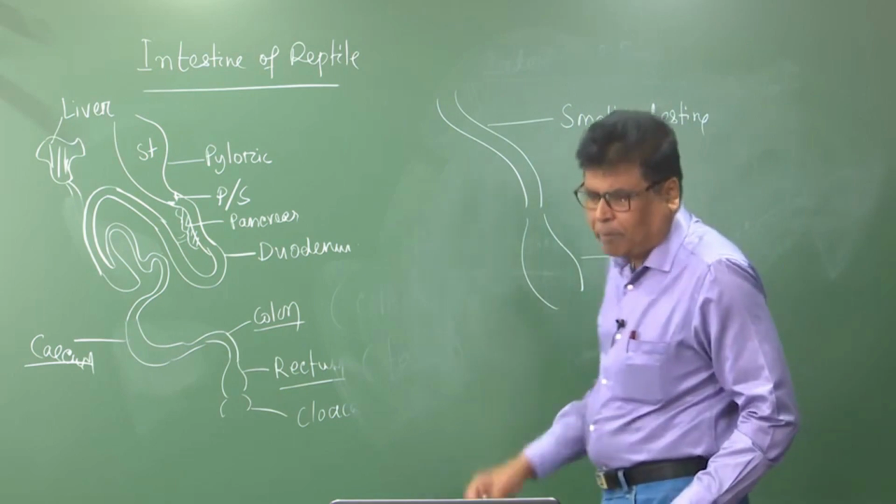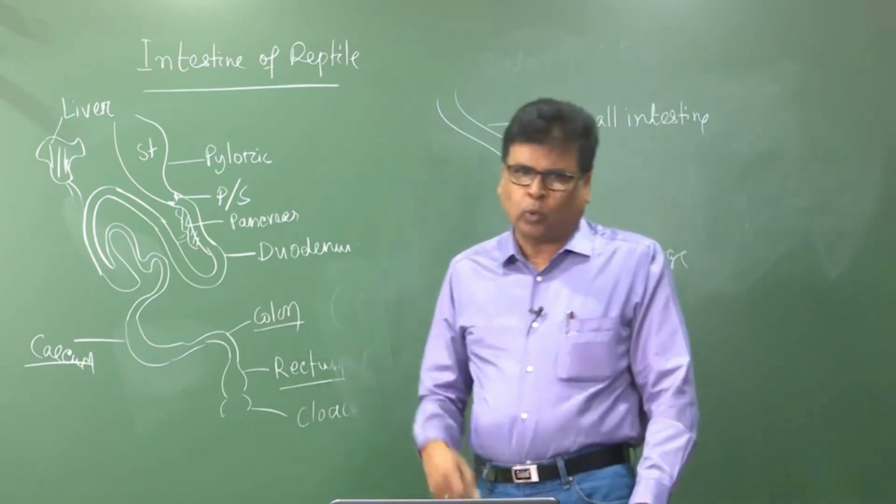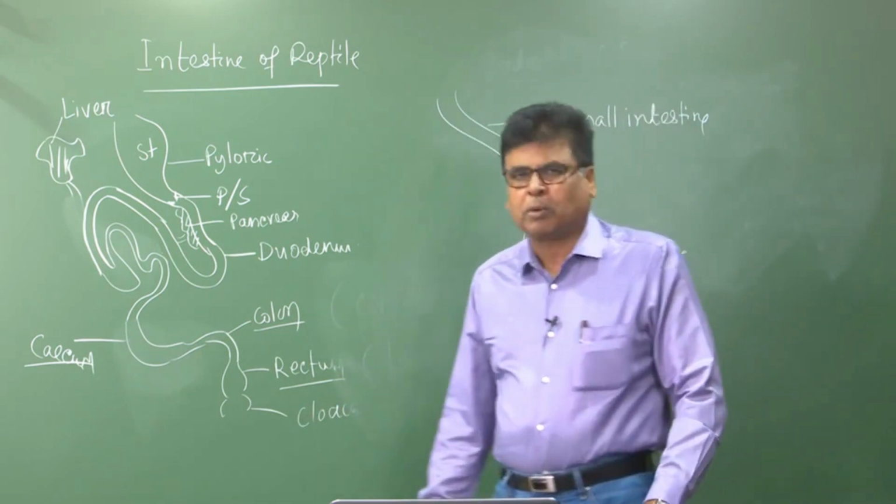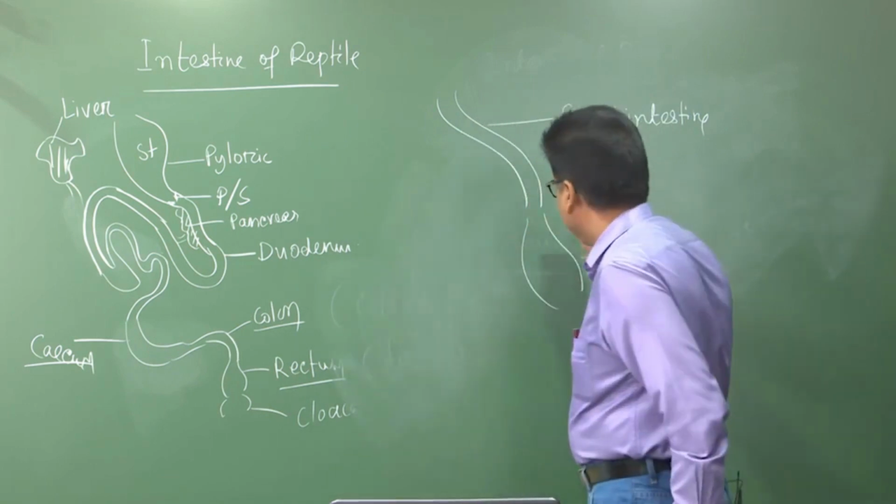So in mammal, between the large and small intestine, there is a blind sac.